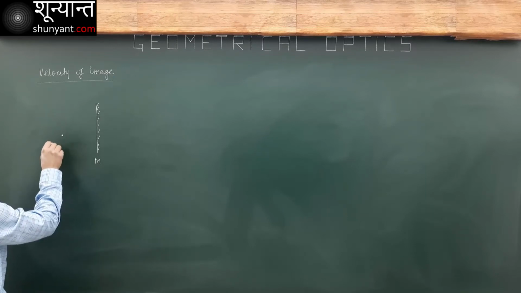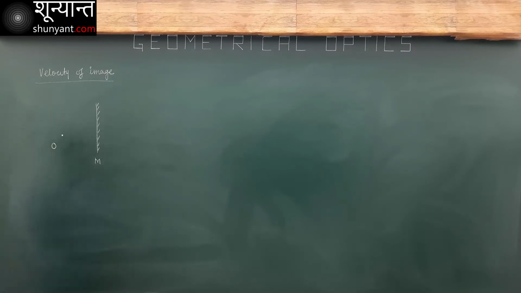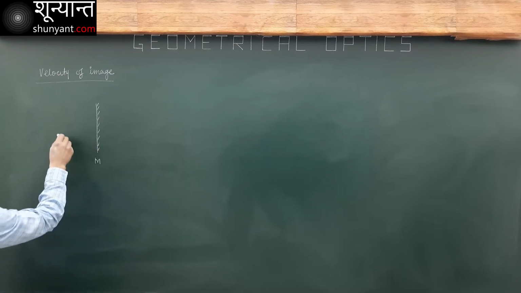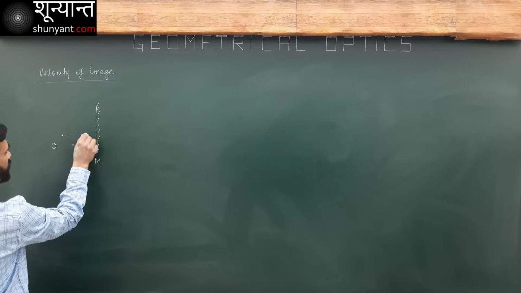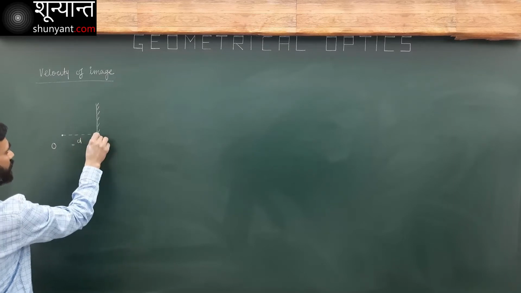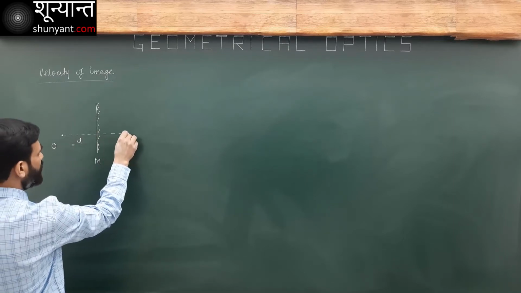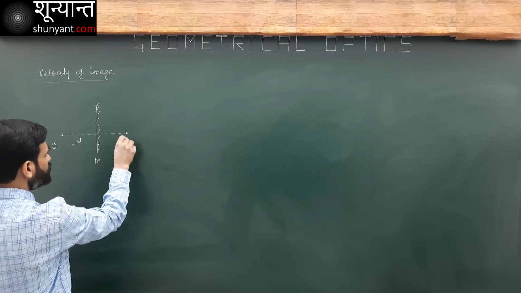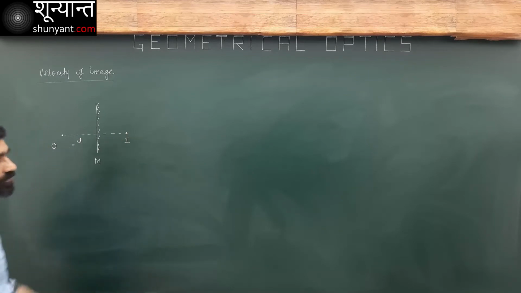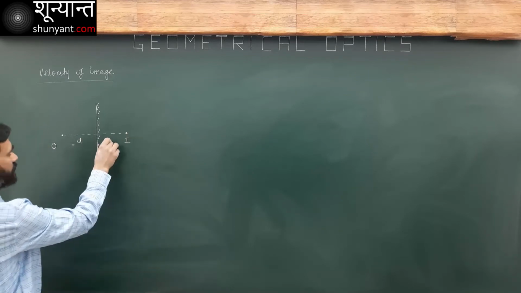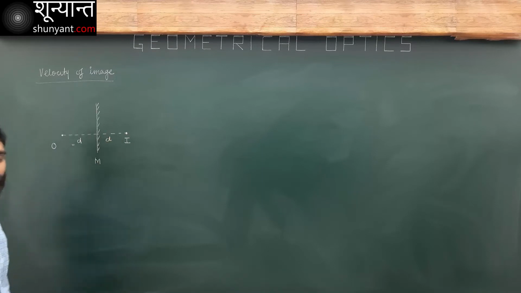This is my object. It is kept at some distance, let's say this distance is d. At this instant, it is going to have its image here, at the same distance behind the mirror. Do you understand this?